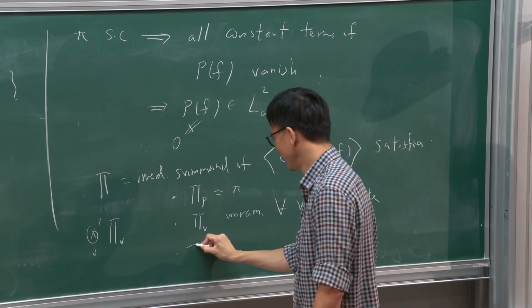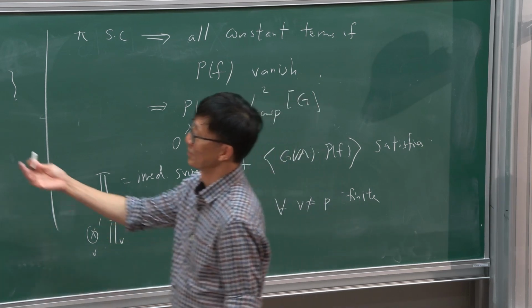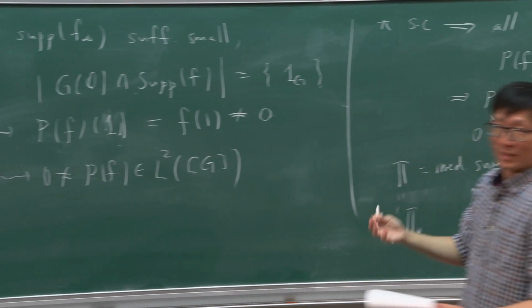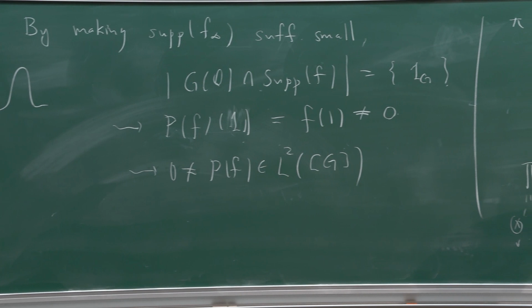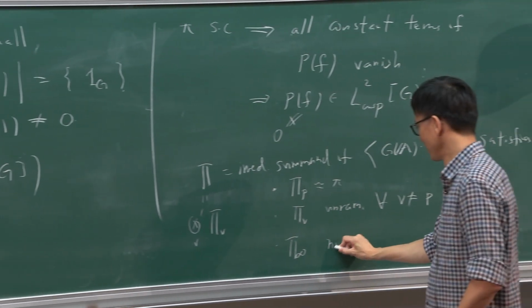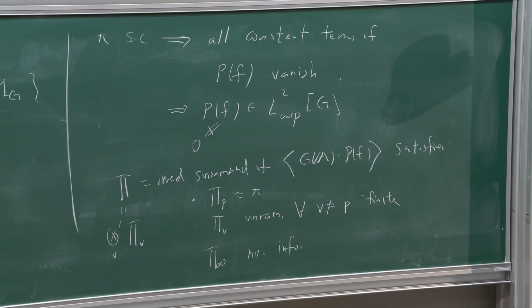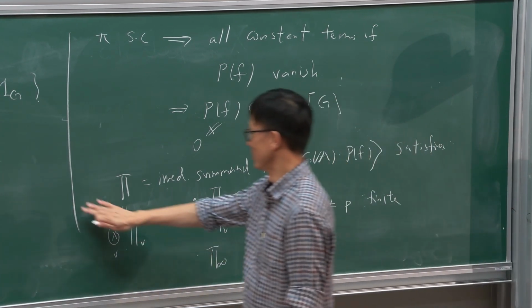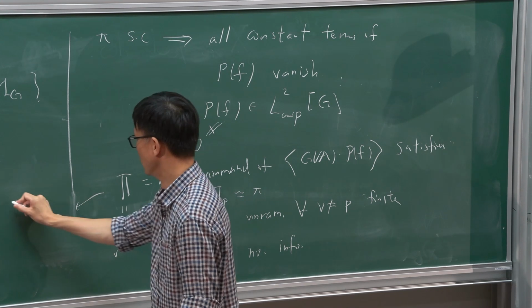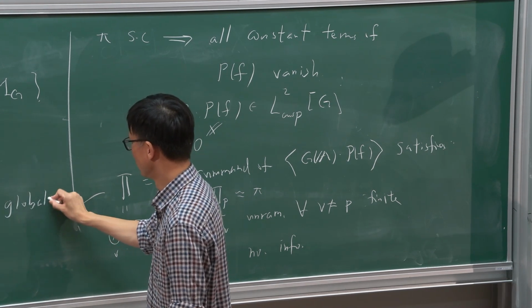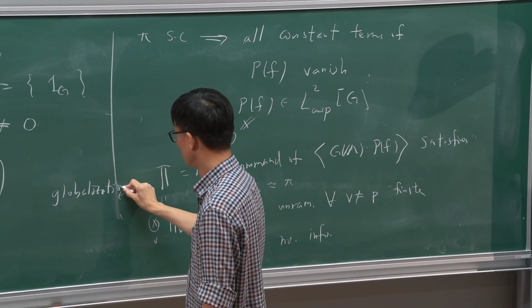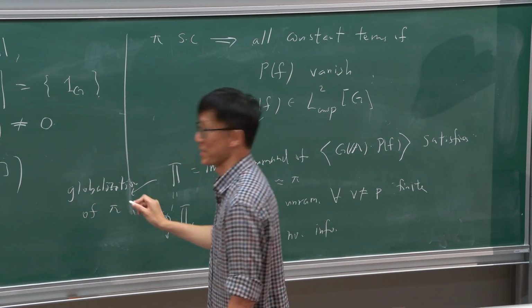But at the Archimedean place, because you have picked the function rather randomly, you have no information, so to speak. Okay. So in any case, such a Pi we call a globalization of the little pi.